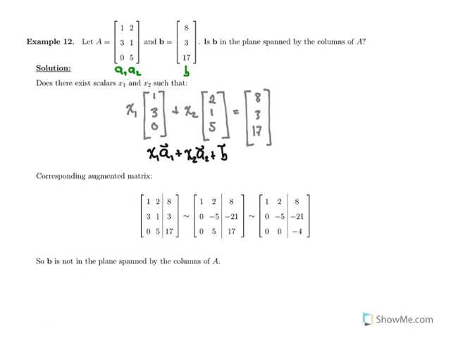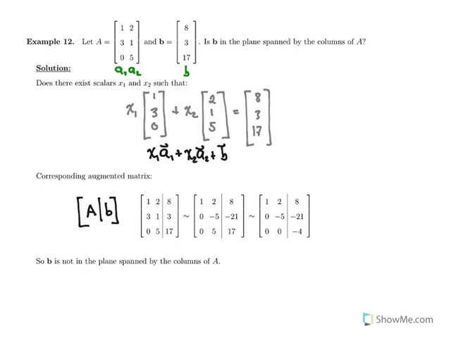So the corresponding augmented matrix is just the matrix A followed by the B, and that's going to be our discussion even more in the next section. But we have our matrix 1, 2, 3, 1, 0, 5, bar, and then the vector B.